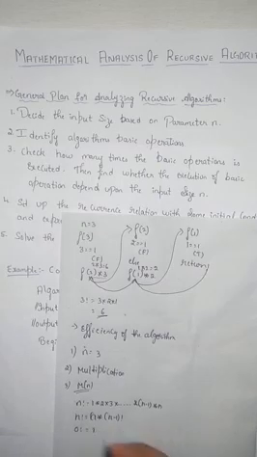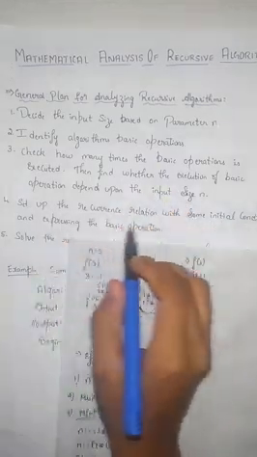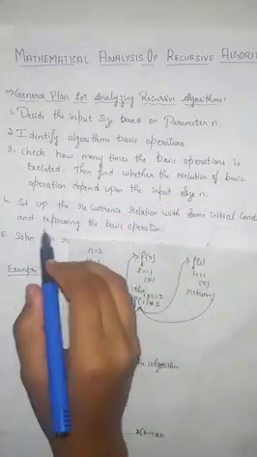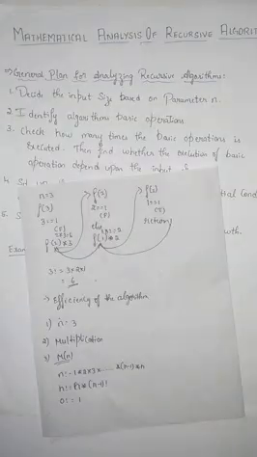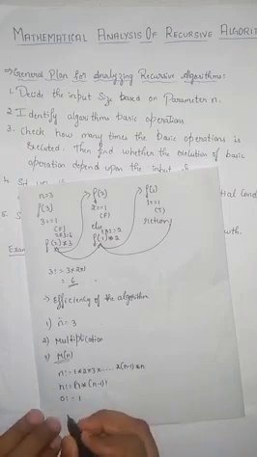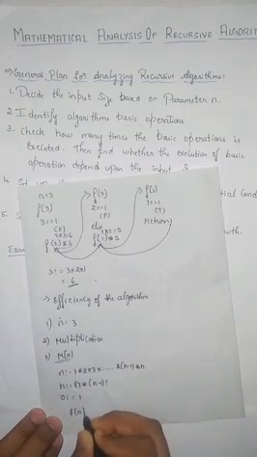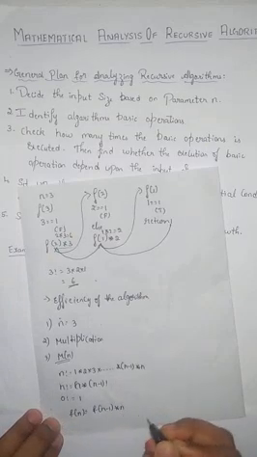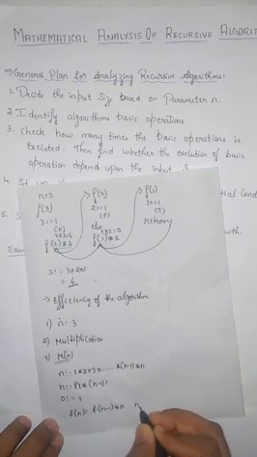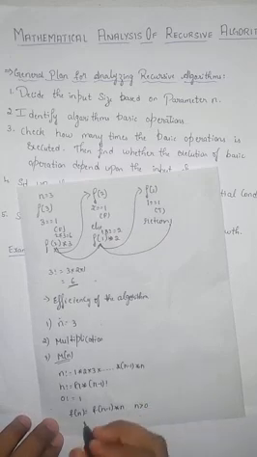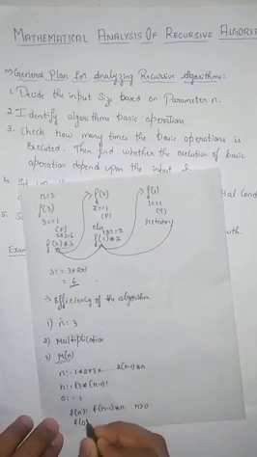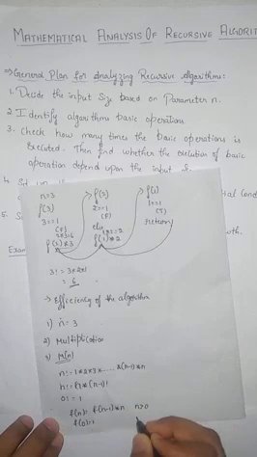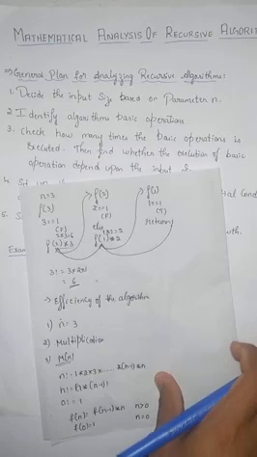Next, set up the recurrence relation with some initial condition and express the basic operation. For this, the condition is f of n is equal to f of n minus 1 into n, where n is greater than 0, and f of 0 is equal to 1, which means for n is equal to 0.